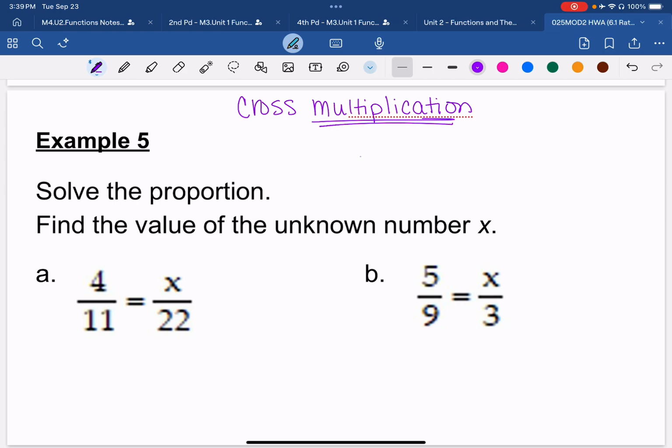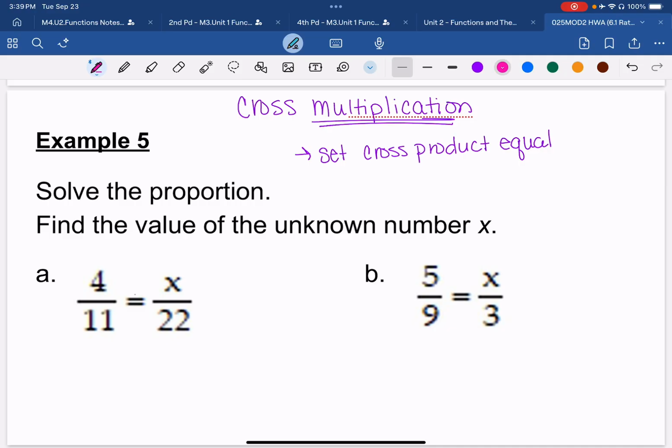And so we are going to basically cross multiply, okay? So that means we're going to set our cross products equal to each other, okay? What I mean by that is I am literally going to cross multiply.